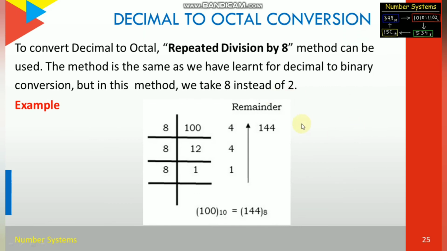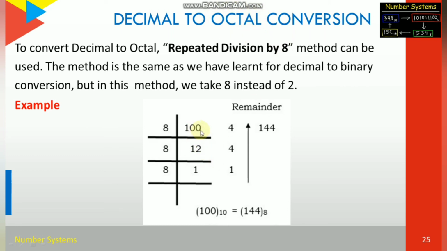Now see this example. The example number here is 100. We are going to convert this decimal number 100 to base 10 to octal conversion. This is the same as decimal to binary, but instead of repeated division by 2, here we have to do repeated division by 8, because we are going to convert it into octal.